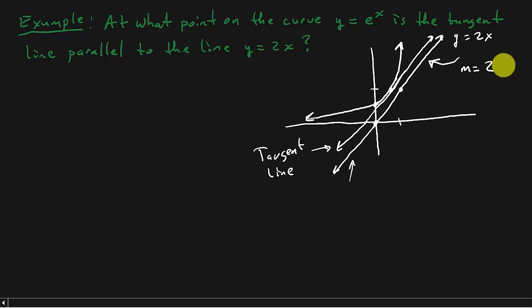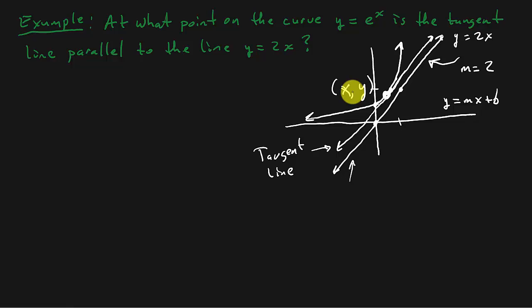Remember, y equals mx plus b. The slope's the number in front of x, so the slope's 2. We need the slope of the line tangent to this curve to be 2. What we're trying to do is find the coordinates of that point there.